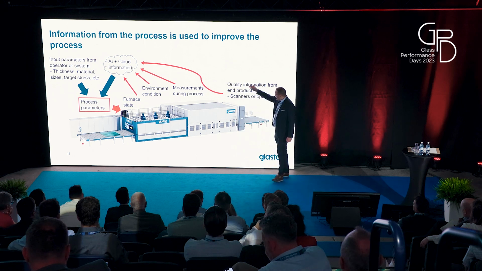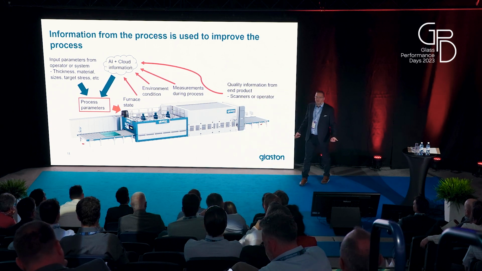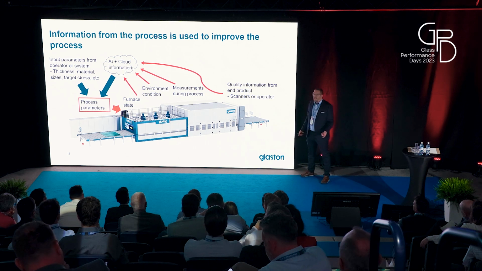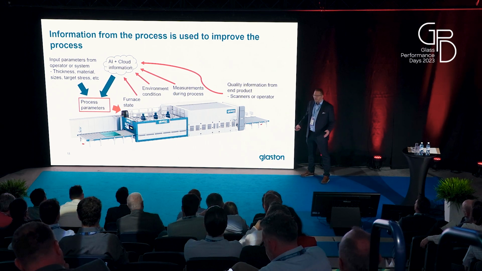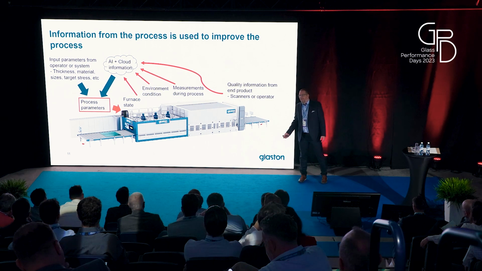And then we can measure the end result. We can measure the flatness. We can measure other things, anisotropy, white haze, and see what the quality was at the end.